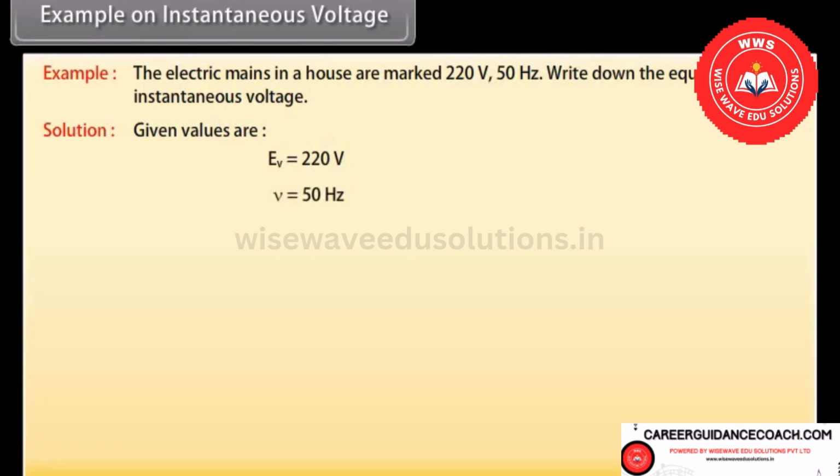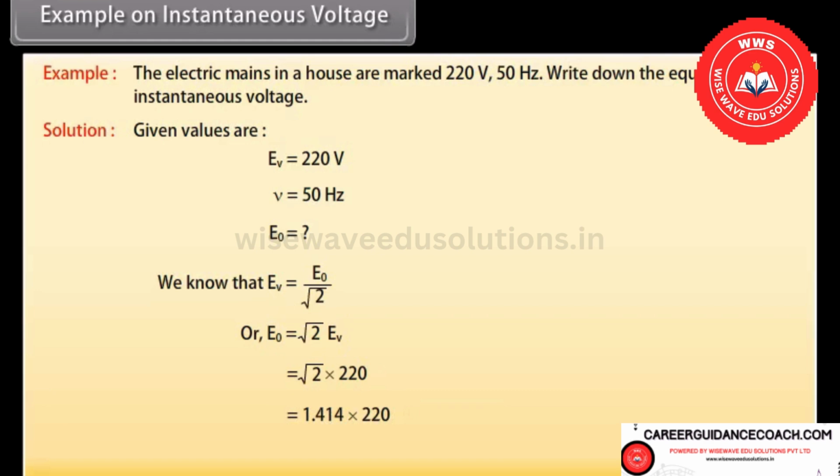Nu is equal to 50 Hz. We know that EV is equal to E0 divided by root 2, or E0 is equal to root 2 EV. On putting the values in the equation, we get E0 is equal to 311 volt.